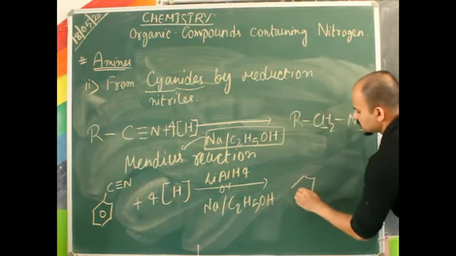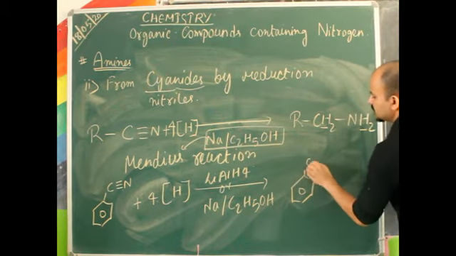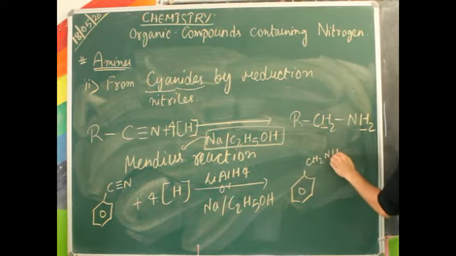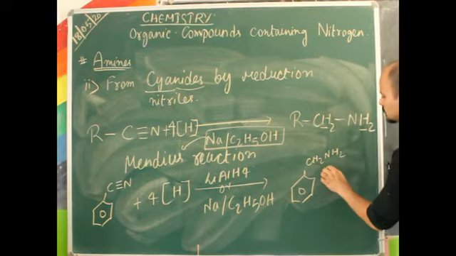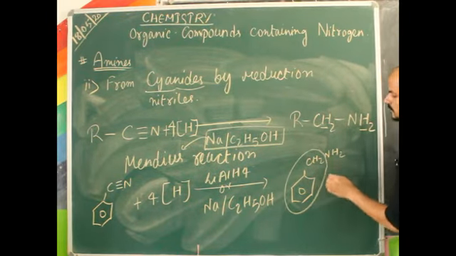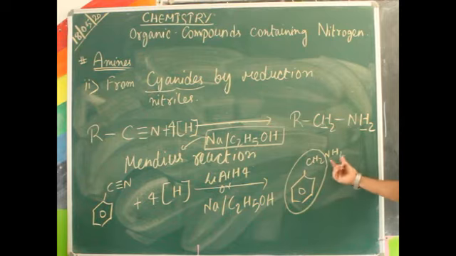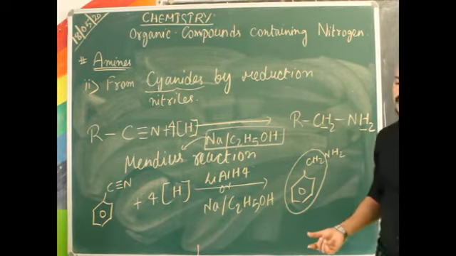As a result, we get this compound CH2NH2, and the name of this compound is benzylamine. This group is what? Benzyl group. Therefore, this is benzyl, and NH2 is what? Amine. Therefore, this is benzylamine, and that is its common name.